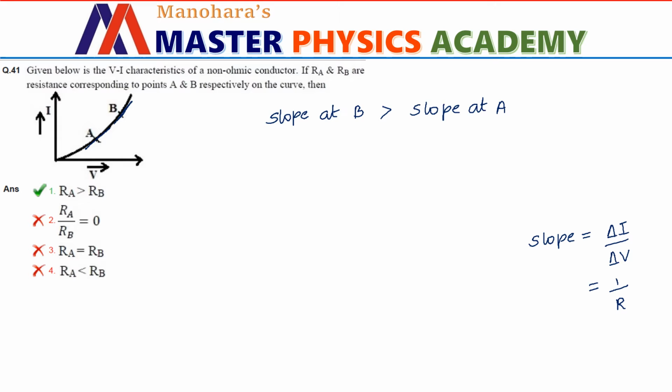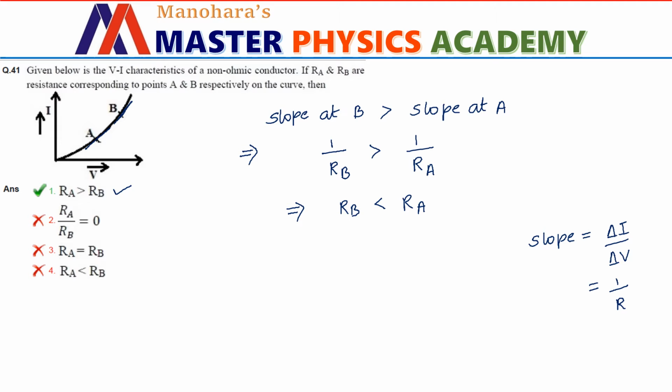So this implies that slope at B, that is reciprocal of resistance at B, is greater than slope at A, that means reciprocal of resistance at A. This is going to imply that Rb will be less than Ra, which is clearly depicted in option 1, and this is also clearly marked in key answers provided in the official website.